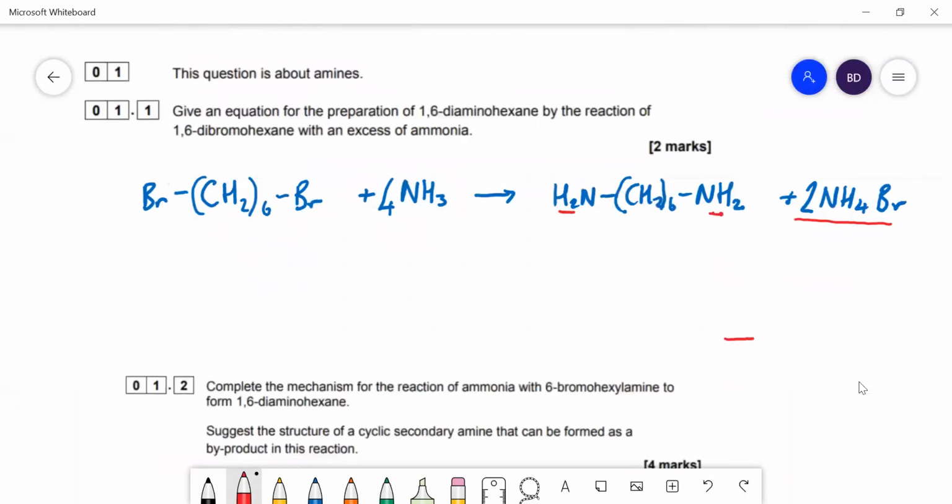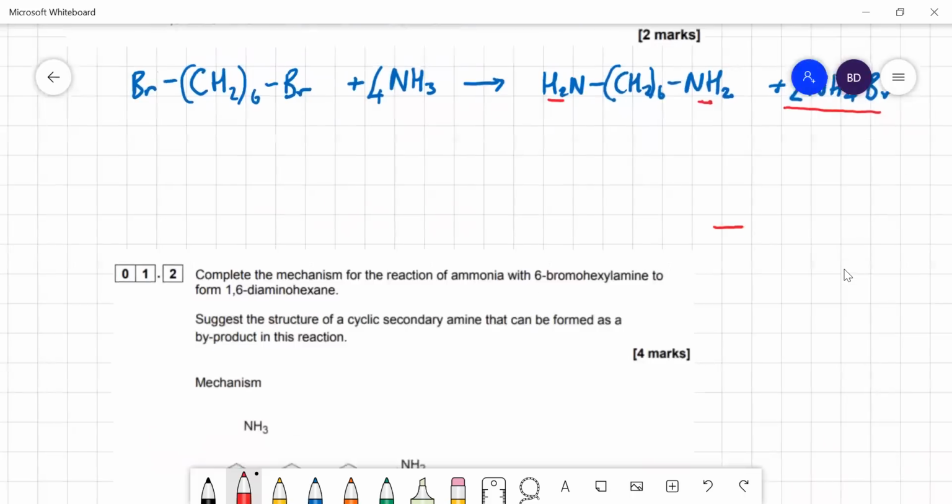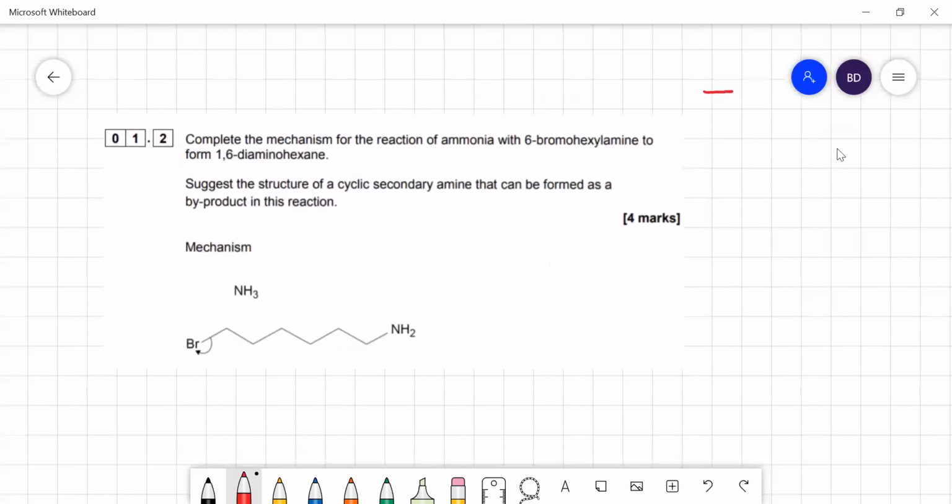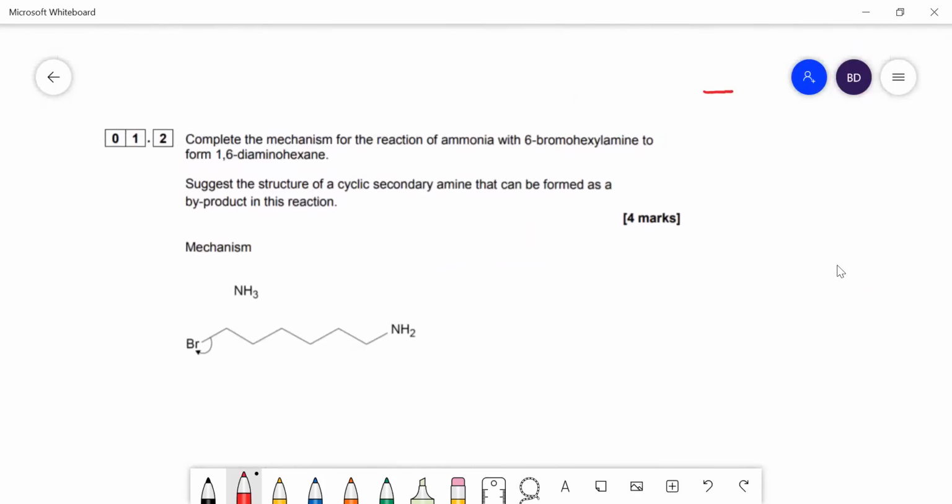Complete the mechanism for the reaction of ammonia with 6-bromohexylamine. Okay, now this is going to be a nucleophilic substitution reaction. We'll worry about this bit in a minute. We'll do this bit first. So the nucleophile is the ammonia, so we need to draw a lone pair on the nitrogen there, and the lone pair is going to go to this carbon here, which would have a partial positive charge.